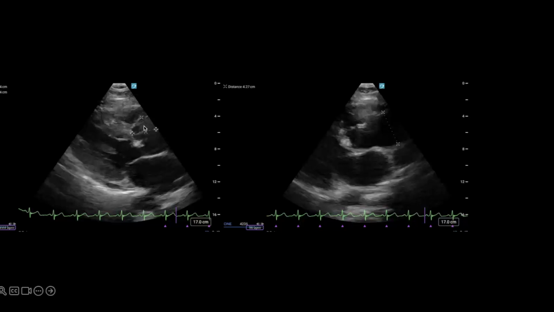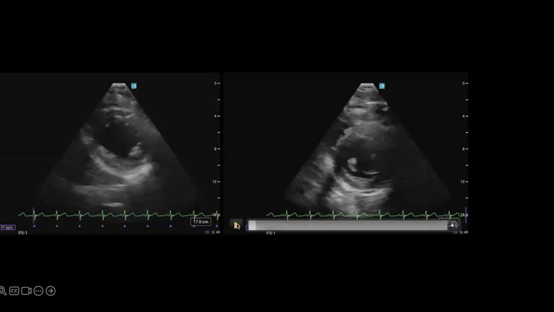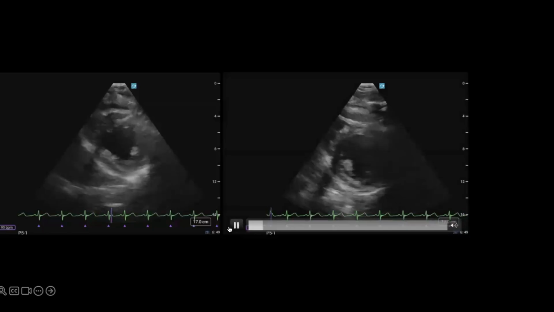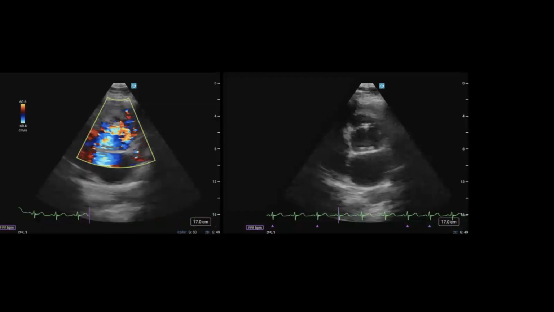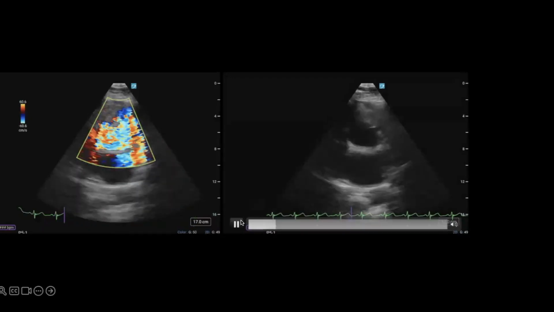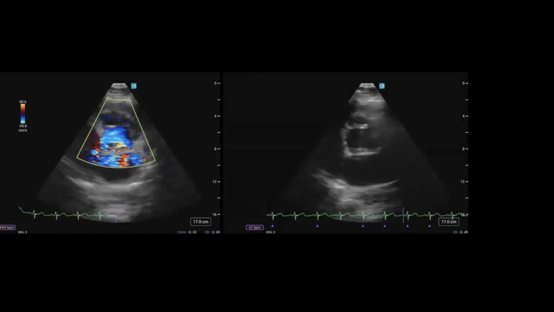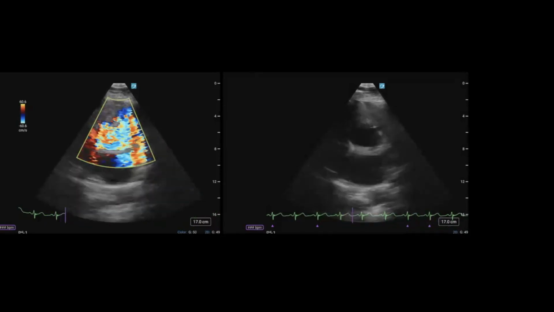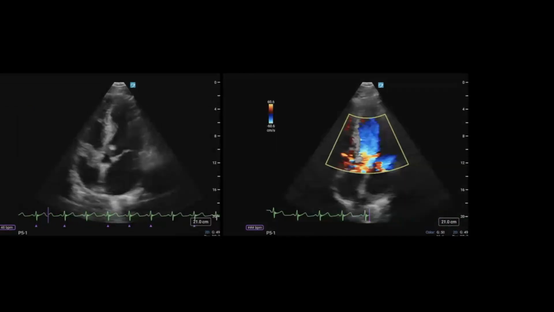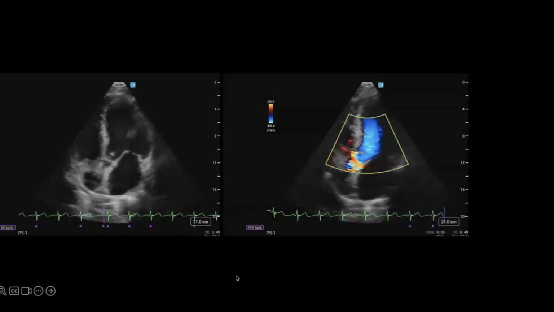And so you see that there's some over here as well. These are short axis images. LV function looks good. These are short axis at the level of the base of the aortic valve. This is the 5-chamber.